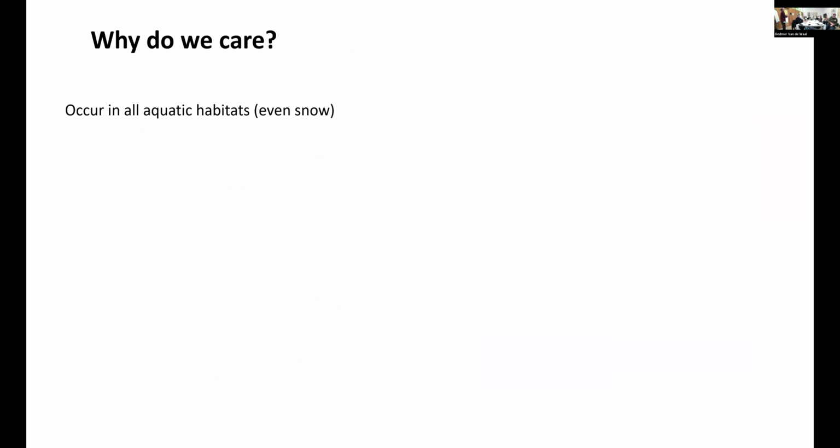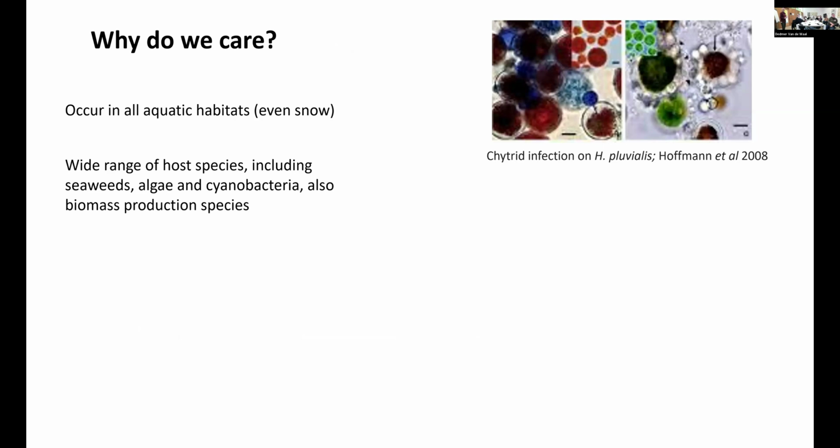First of all, they occur everywhere, in every aquatic habitat, even in snow, which I find very cool. And they're globally distributed, and they have this really wide range of host species. Host specificity is a different question, but they can infect seaweeds, algae, cyanobacteria, and also some of the famous biomass production species like Haematococcus in this example.